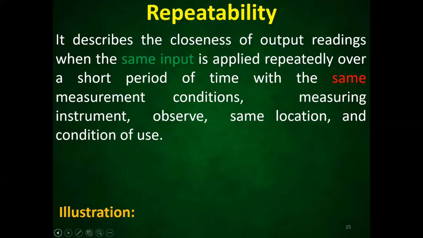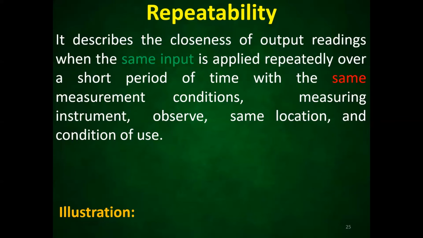If I use the same scale once again inside the same room, with measurement conditions like room temperature, room pressure, room humidity all the same and constant, then we will get the same output results. If it is exactly 22.33 meter for the first measurement, then it will show 22.33 meter in the second reading, third reading, fourth reading, and so on.